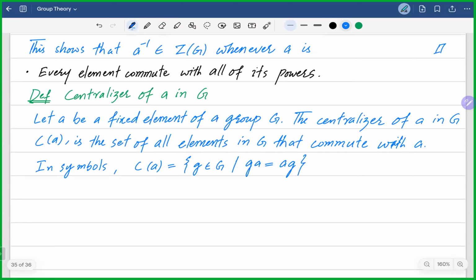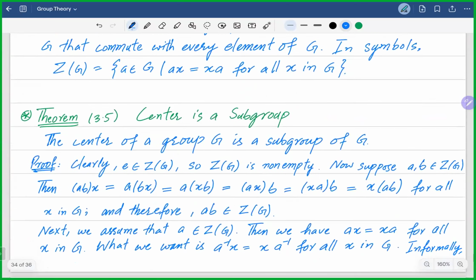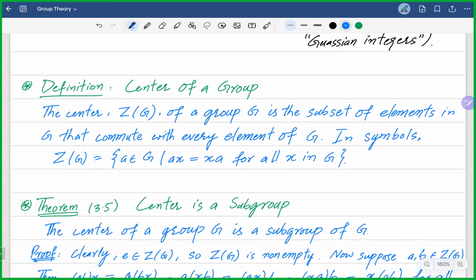Now, how is this different from the center of the group? In the center of the group, you check which elements of the group commute with all the elements of the group. It does not fix any element.